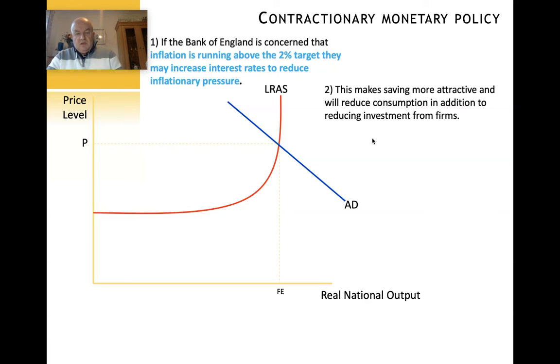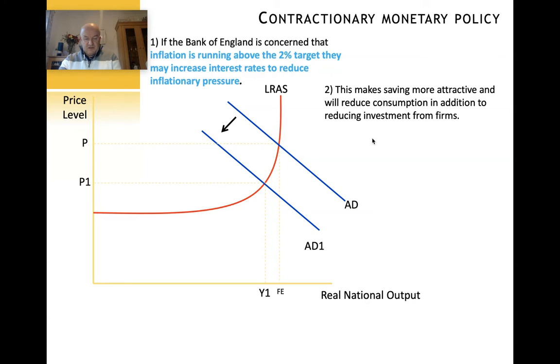Okay, so in that scenario, increasing interest rates is going to make it more attractive to save, and it's also going to reduce consumption, because it's also going to mean less investment from firms because it's more expensive to borrow money.